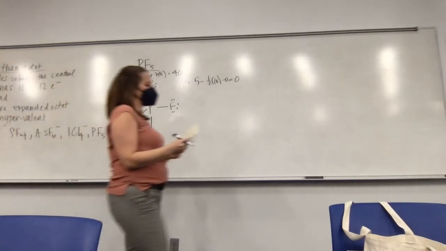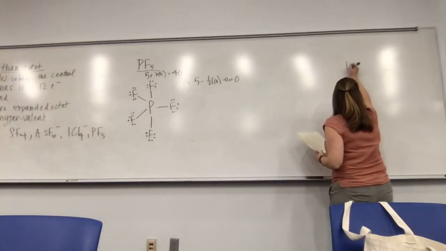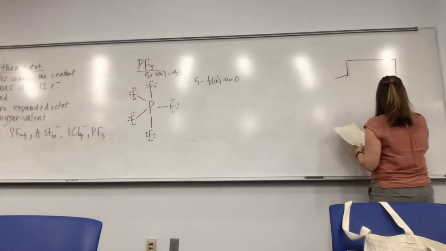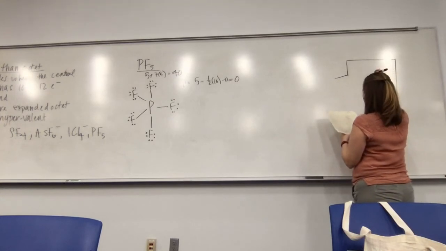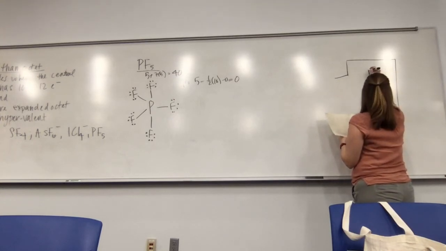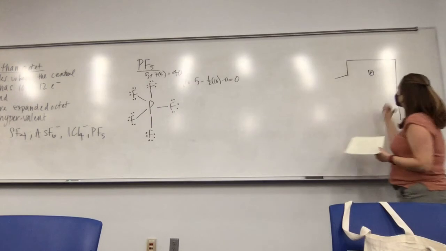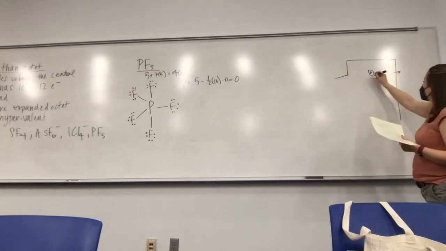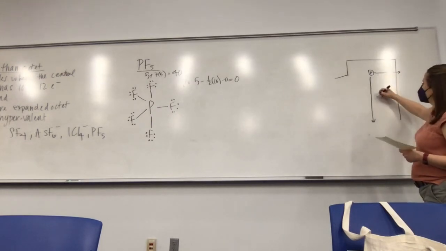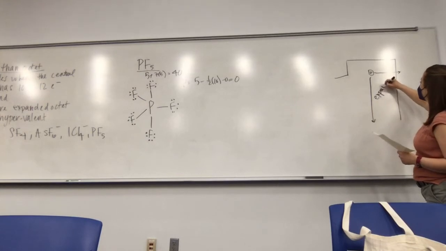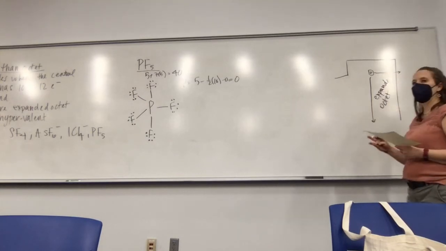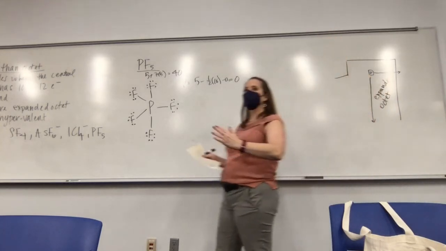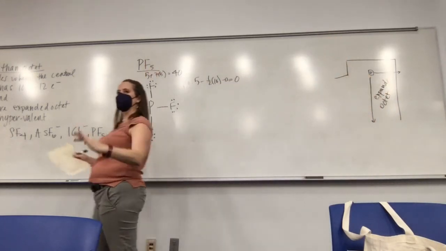If you look at your periodic table and you find phosphorus, if you go over and down, these can all have expanded octet. Everything in the column with phosphorus can only have up to 10 electrons.